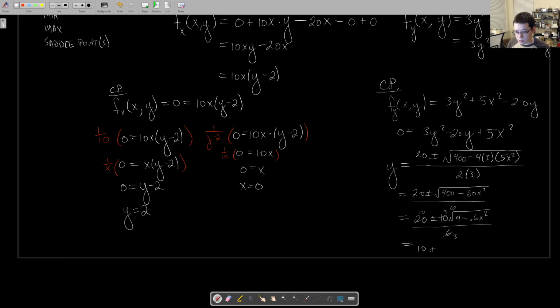So 10 plus or minus 5 square root of 4 minus 0.6x squared over 3. Alright. This is not getting any prettier. And I don't know that it would have been any prettier with the other numbers either. Probably would have been.